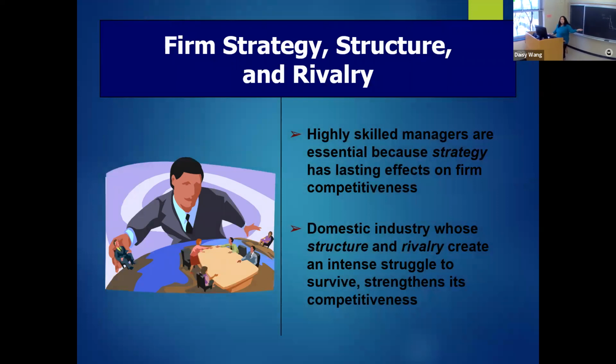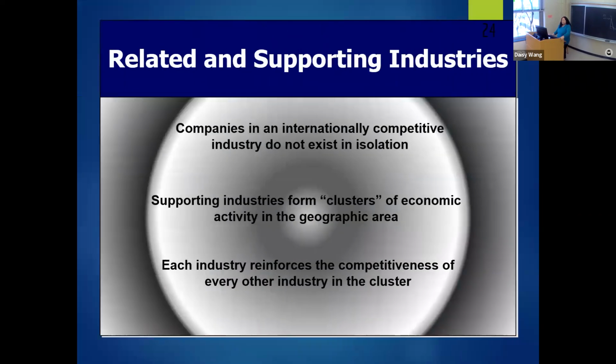Okay, so when we use Michael Porter's Nation's Diamond, we identify the BRICS countries. You guys know the BRICS countries, the 5 big countries that have very strong scores in the nation's competitiveness.